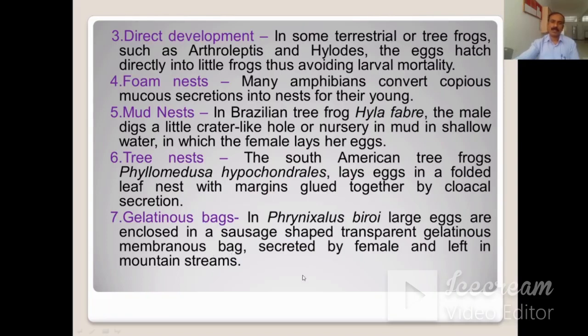Then gelatinous bags: in Phrynohyas, large eggs are enclosed in a sausage-shaped transparent gelatinous membranous bag secreted by the female and left in mountain streams.